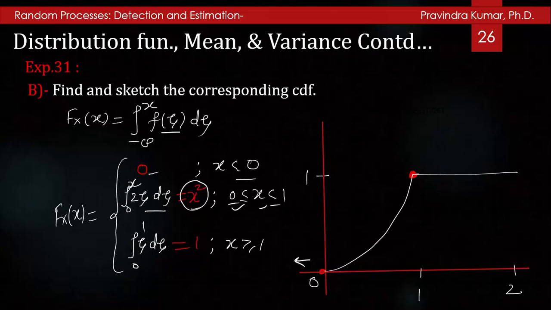And when x is greater than 1, the integration from 0 to 1 of 2 xi d xi will be equal to 1. So you can sketch here: from 0 to 1 it is x squared, and for x greater than 1 it is 1.